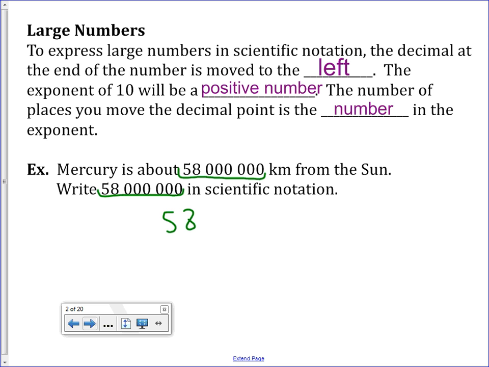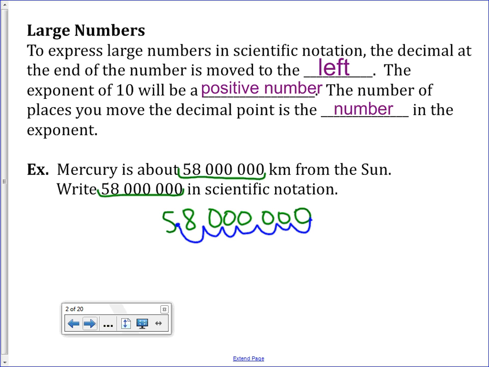So taking that number, 58 million, converting that into scientific notation, we'd have to pretend that we have a decimal at the end of that number. And we would keep moving that decimal until we had a number that was equal to or greater than 1, but less than 10.